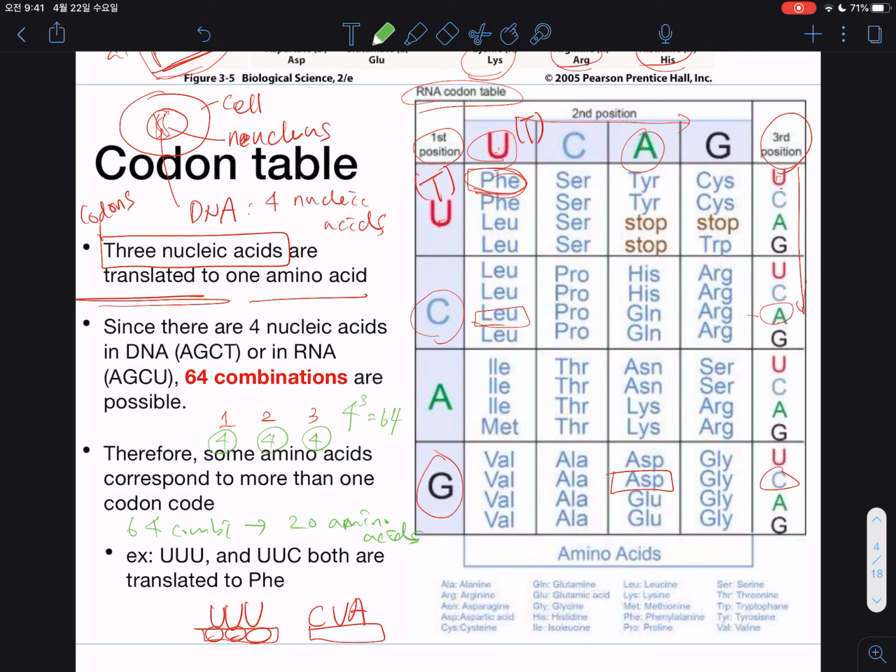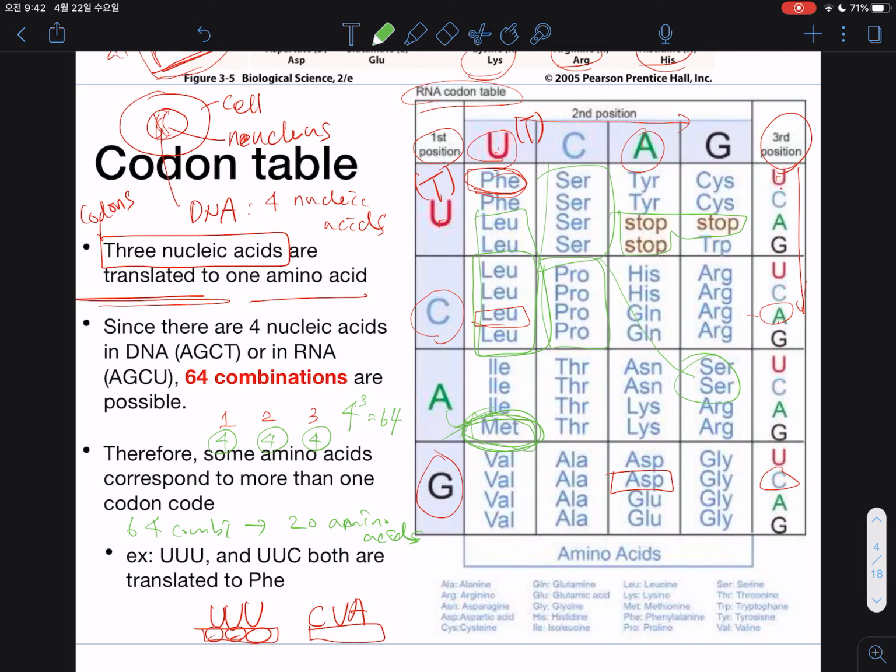Some codons are translated to the same amino acid, but some codons are translated to a very unique amino acid. For example, these 6 combinations are translated to leucine, these 4 combinations are translated to proline, and these 6 combinations are translated to serine, and something like that. And some are translated to stop codons, and so on. Why are some codons translated to the same amino acid, but in the case of methionine, only one codon is translated to methionine?